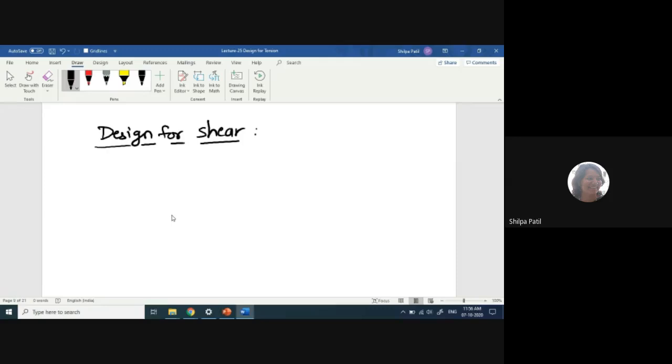So today design for shear, that part you complete as a homework. Now our problem will not end with this. After design you have to find out whether the side face reinforcement is required or not. Obviously the overall depth is greater than 450, so side face reinforcement will definitely be required. So that calculation also you need to do. So all these you please complete as a homework today.